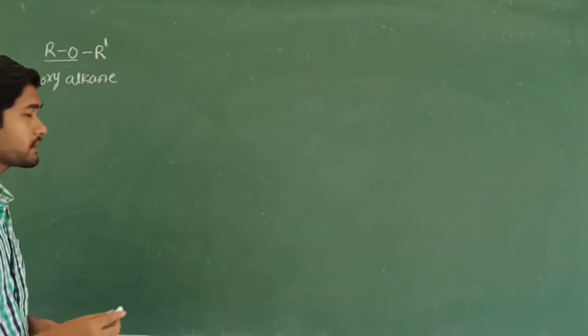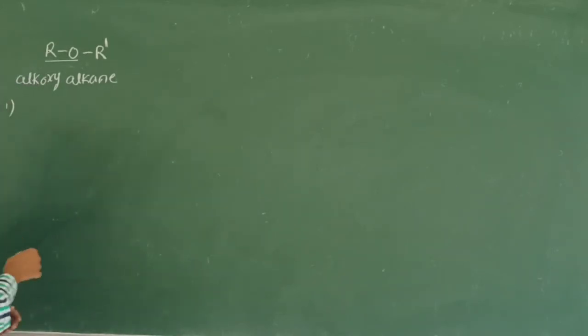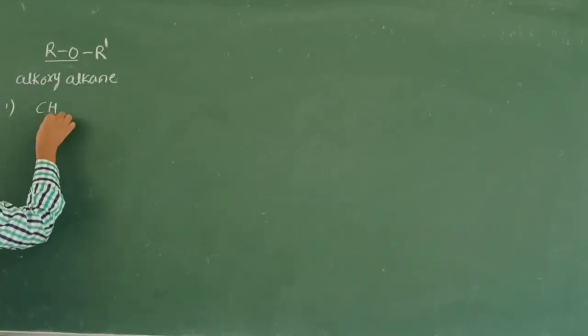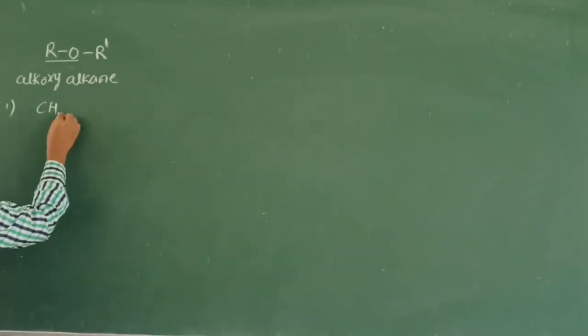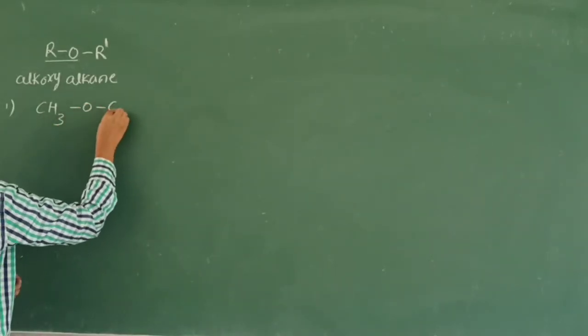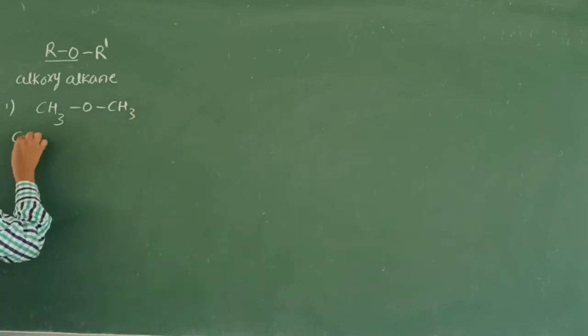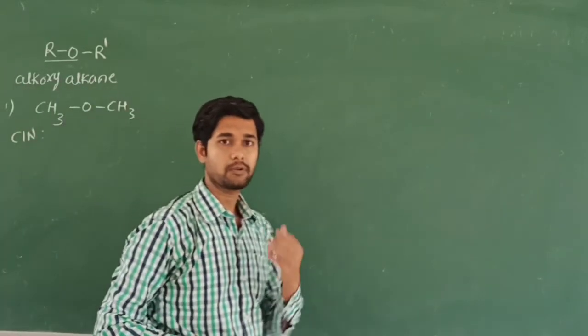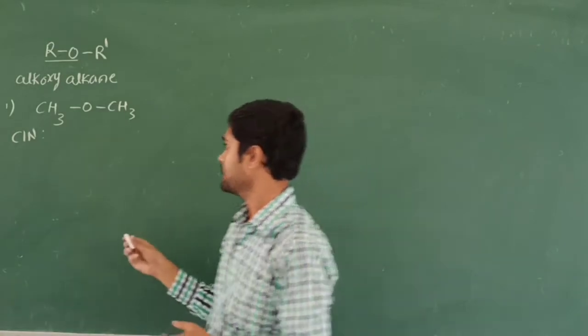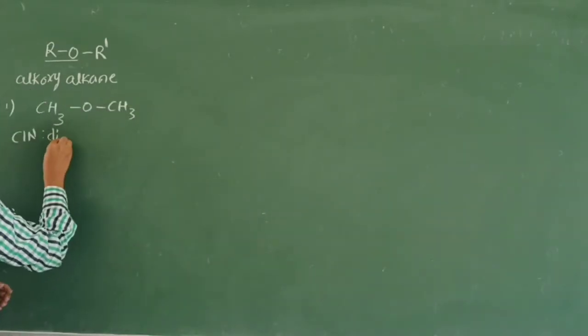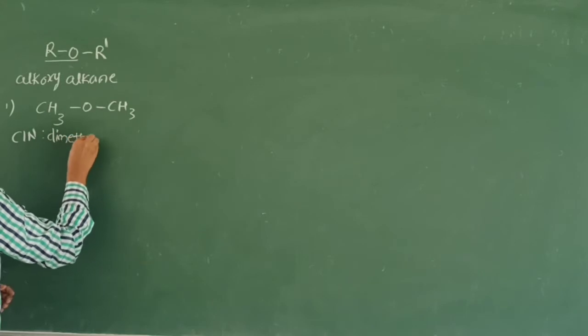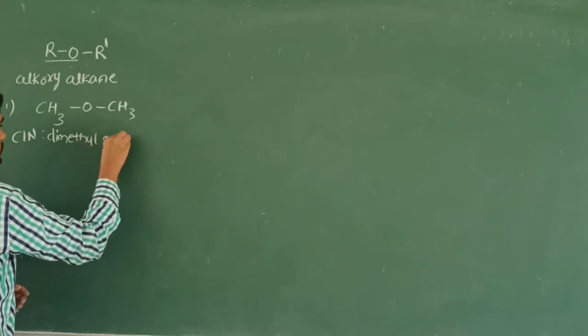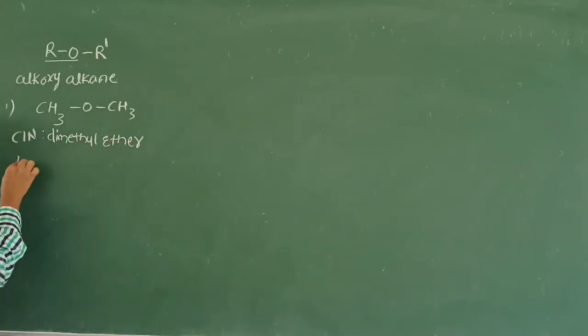When I take one simple example, let's take the first example. CH3OCH3. So you know the common name: two methyl groups attached to the oxygen atom, that is dimethyl ether. And what is the IUPAC name?